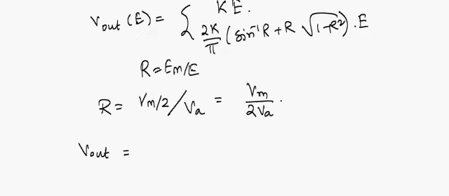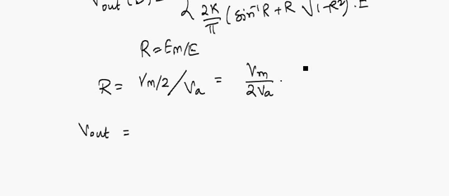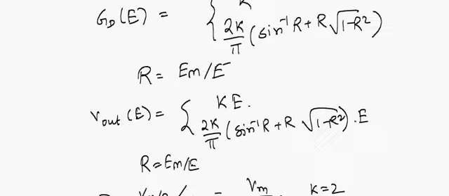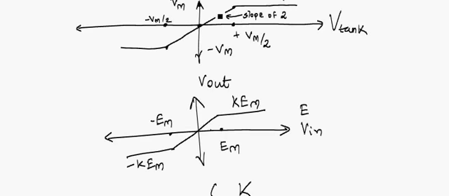And of course my K is equal to 2, because here k is the slope. I find that the slope is equal to 2 here.